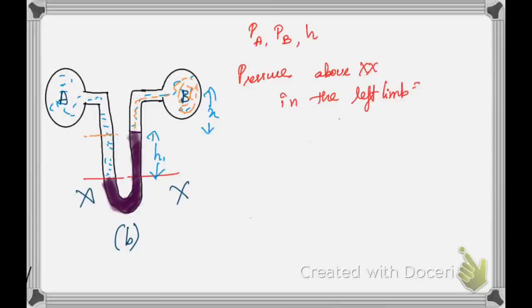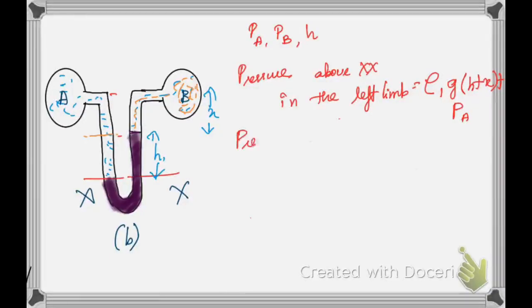This xx is the datum line, above which we can see that only one single liquid is there. So I can take this as rho 1 g, and you can see this distance is x and this distance is h, which is h plus x, plus the pressure at A, which is Pa.